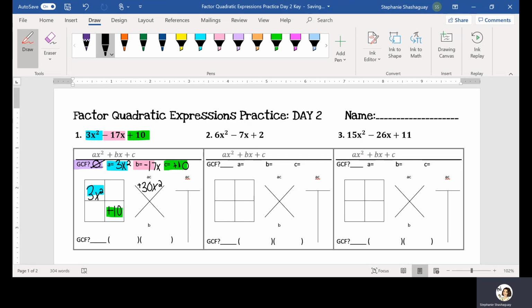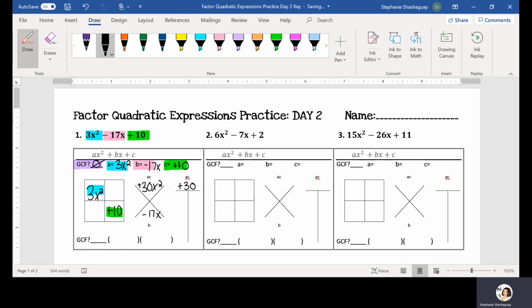And my B term, I need to fill in the bottom of my X, which is a negative 17x. Now that I have my X puzzle filled out, I need to work on my factors for a positive 30 that add together to give me a negative 17.